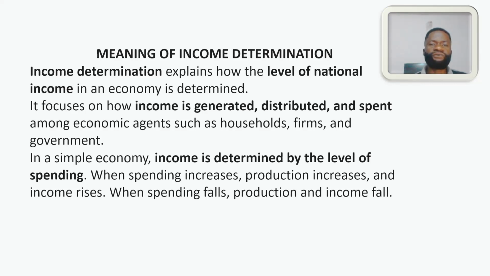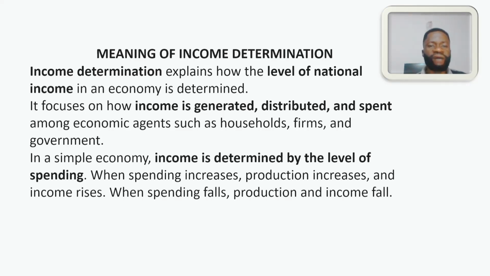Income determination focuses on how this income is created, how it flows, and how it is finally spent by different economic agents. So, income determination looks at the relationship between the household, firms, and government.